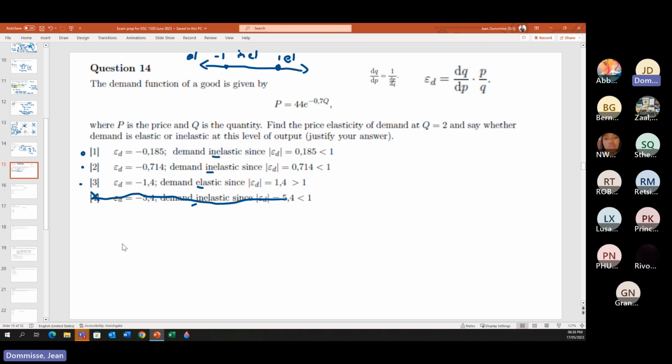Okay, so now what do we need to do? So again, in your study guide textbook, your study guide chapters 7, 8, they give us a way of calculating the elasticity of demand.